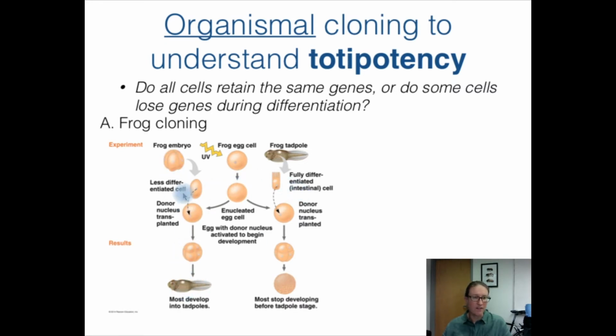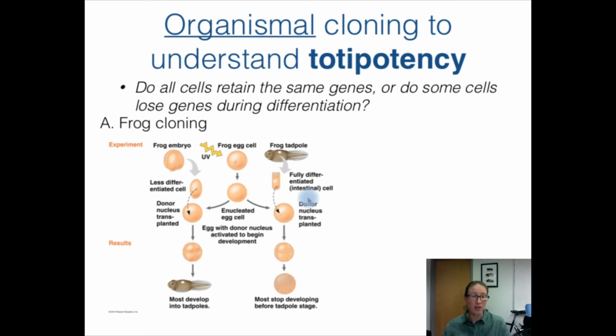In contrast, if you take the nucleus from one of these less differentiated cells and transplant that into one of these intestinal cells, you won't wind up getting a fully developed tadpole. So that tells us something about past a certain stage of development. Once cells have differentiated, there's something in the cytoplasm that is contributing to that differentiation that can't be reversed.